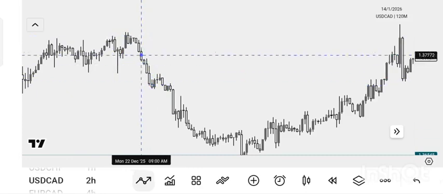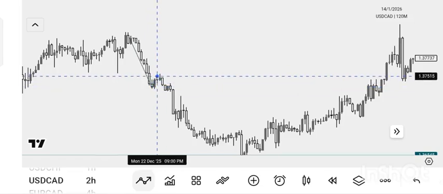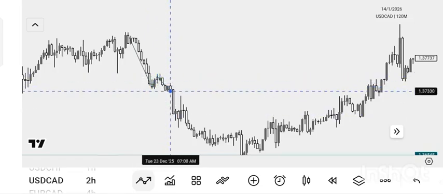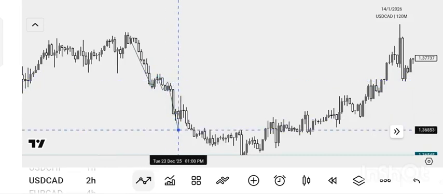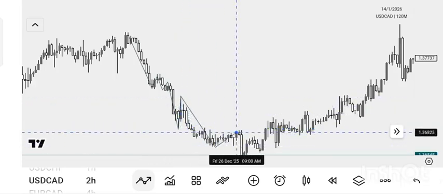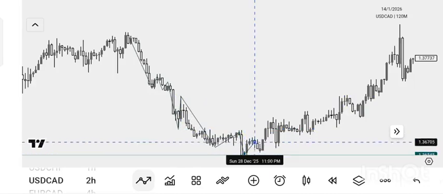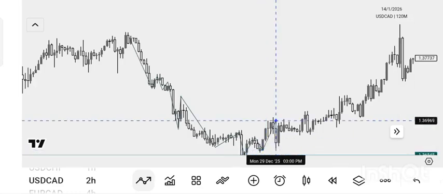From here we created a low, a lower high, a low, a lower high, a low, a lower high, a low again, a lower high, a low, and then price shifted structure from here. It was a breakout.